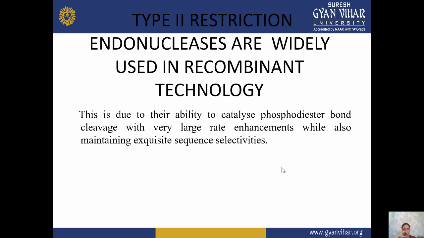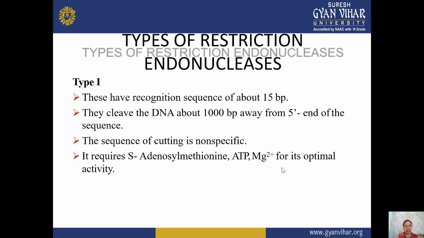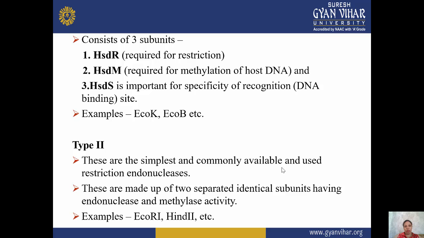So we have discussed that there are 5 types of restriction endonucleases. Just revise quickly. Type 1: the recognition sequence is 15 base pairs, and it cleaves the DNA about 1000 bp from the 5' end. It requires S-adenosyl methionine, ATP and Mg2+ cofactors, and it has 3 subunits.